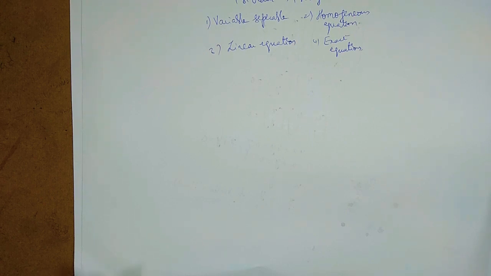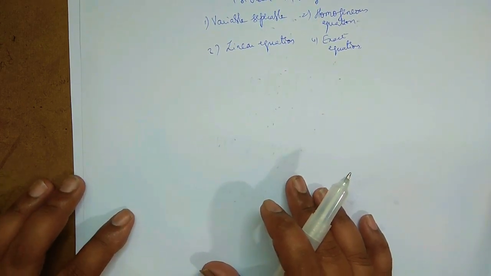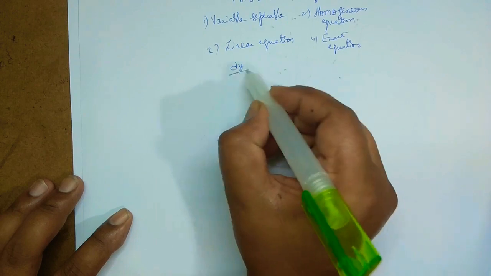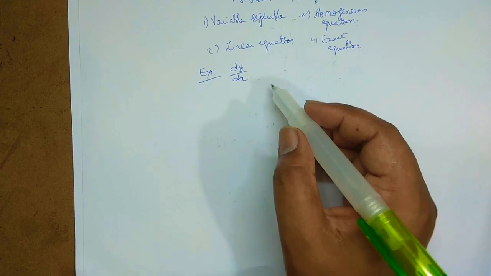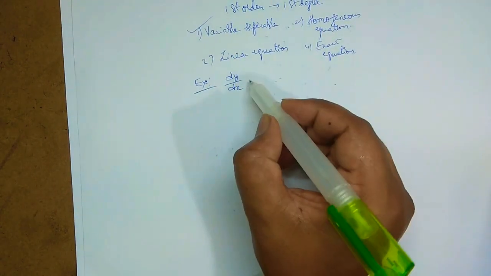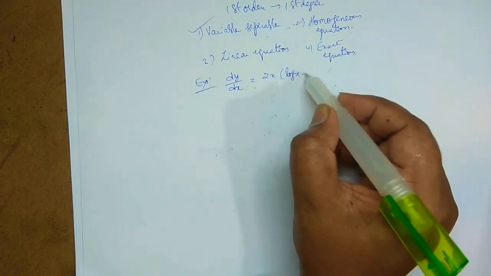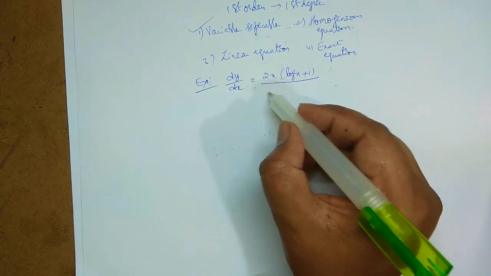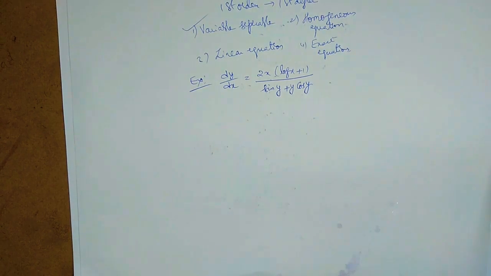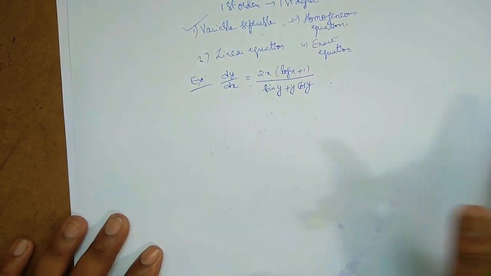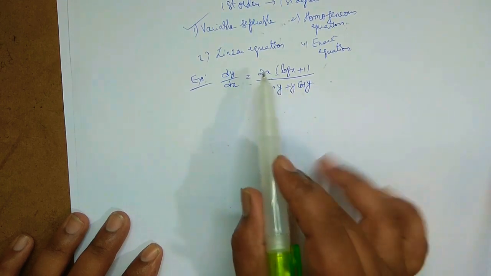And let us see an example on this. The example is dy/dx. First I am taking a variable separable method example: dy/dx equals 2x(log x plus 1) divided by (sin y plus y cos y). As you can see here, you can separate the y terms and also the x terms.